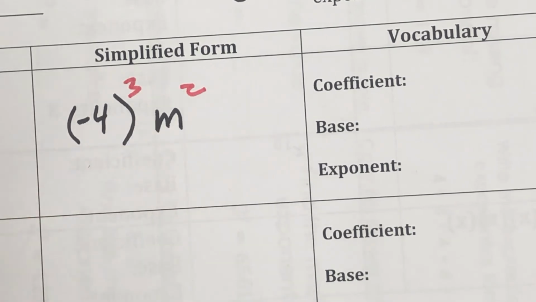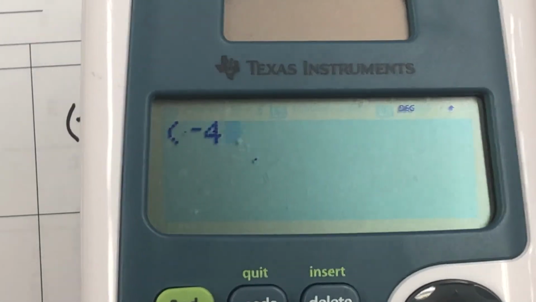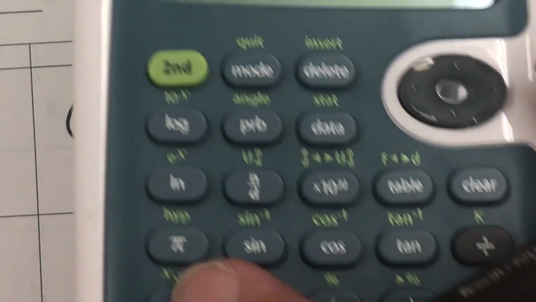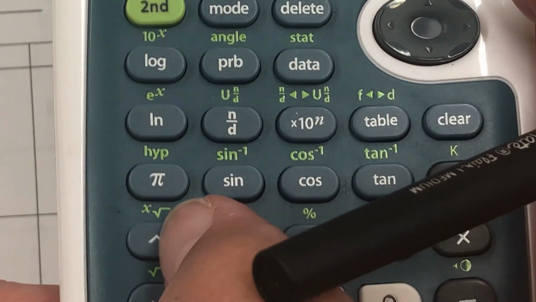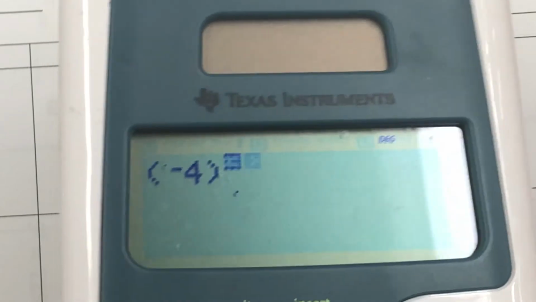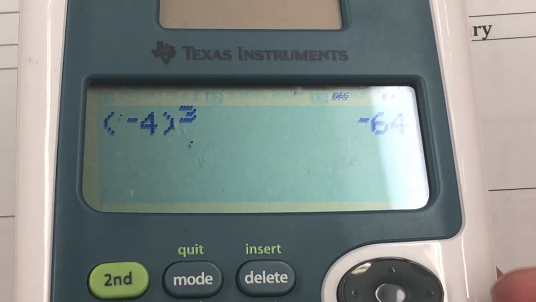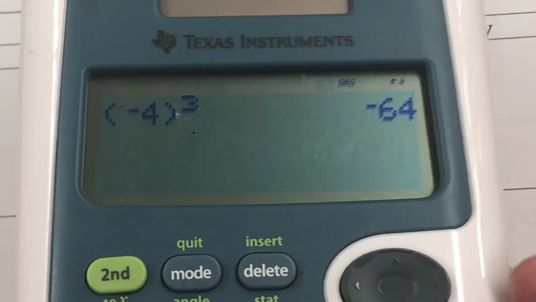I could actually multiply that out. I could take that number, parentheses, -4, parentheses. Remember that arrow that pointed up, the caret, to the third power, and get a number, -64. That's what I'm going to use as my base.